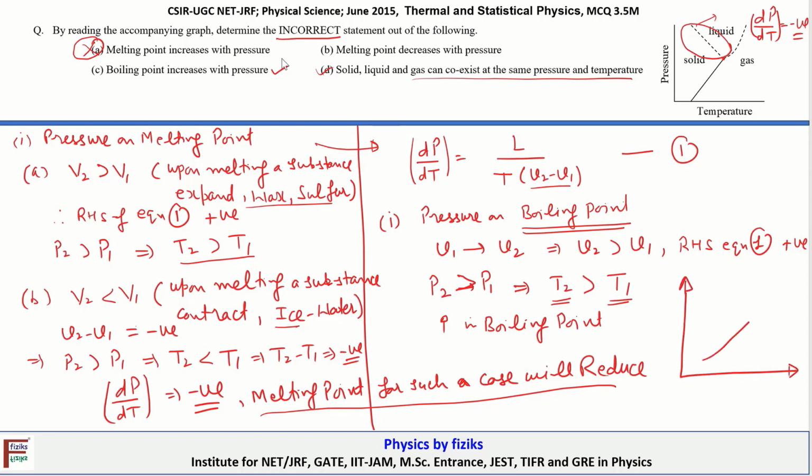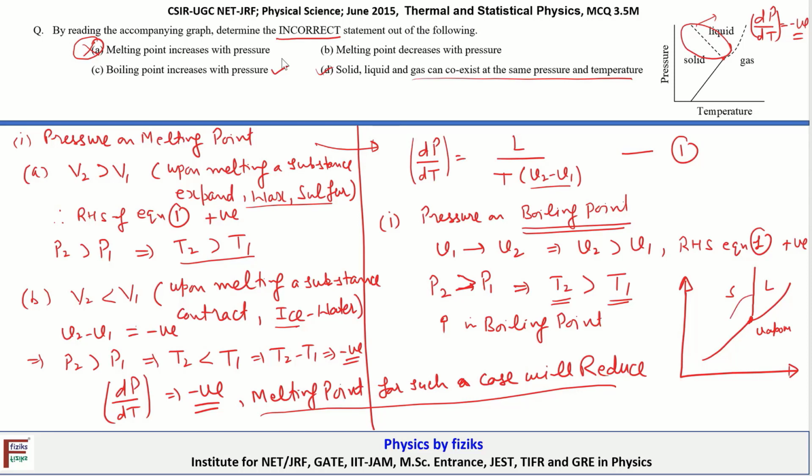If we have a phase diagram something like this, and I call this common point the triple point, then we have a solid-liquid boundary like this: solid, liquid, and then vapor. Here the solid and liquid boundary has a positive slope.